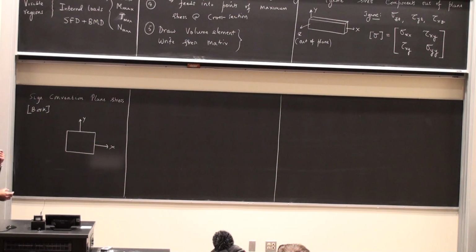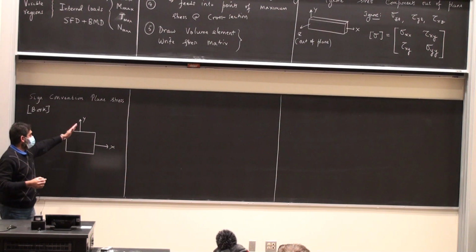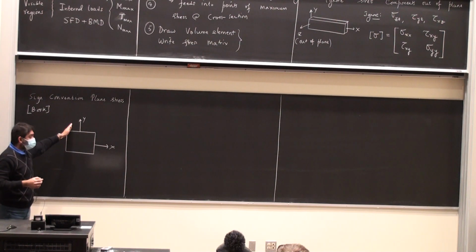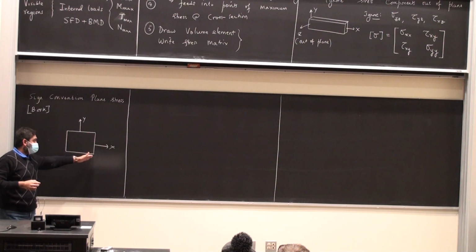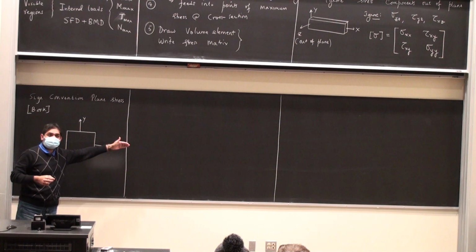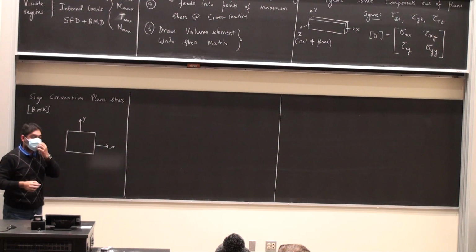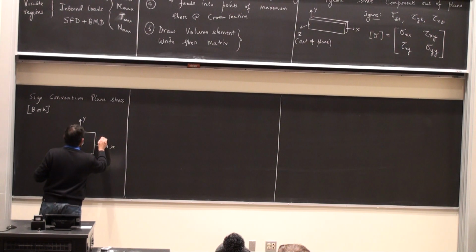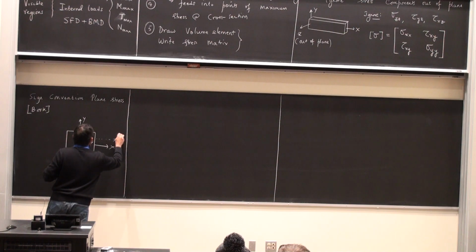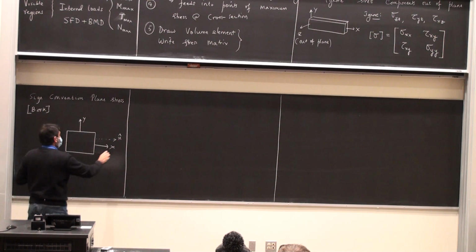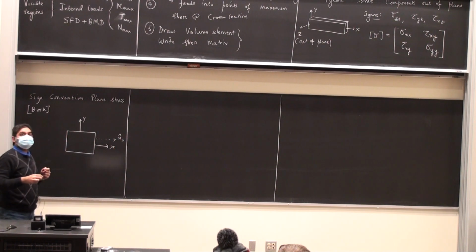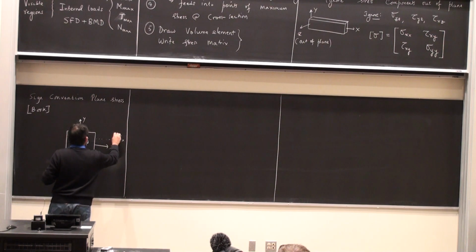Now watch this. Once you have decided that you're going to call this the positive x axis and the positive y axis, now the area normal to this side is along the direction of the positive x axis. Correct? If I draw an area normal, that's going to be n hat, the area normal, and this is pointing in the x direction. This is a positive sign.